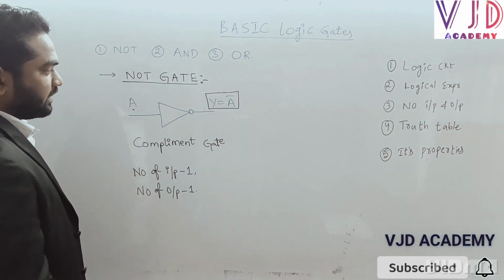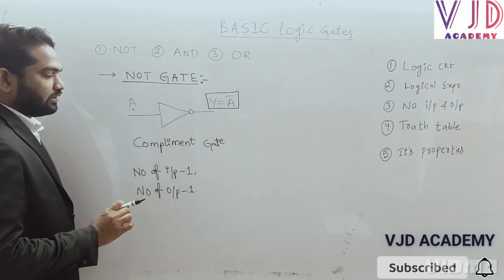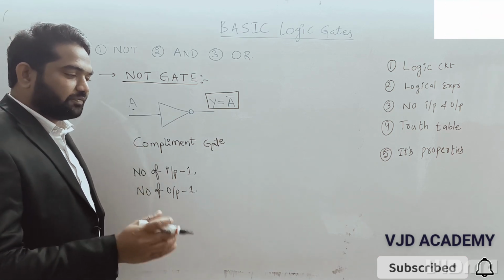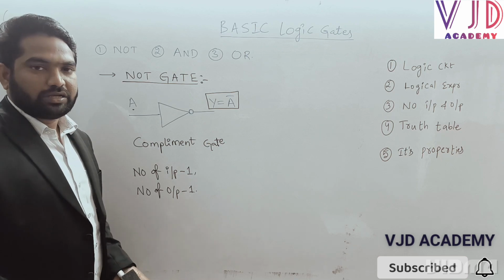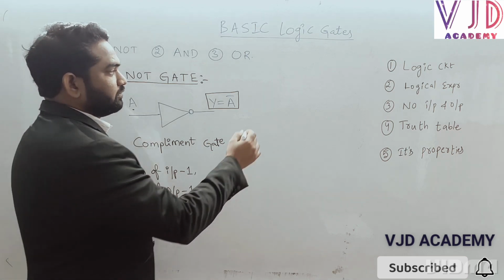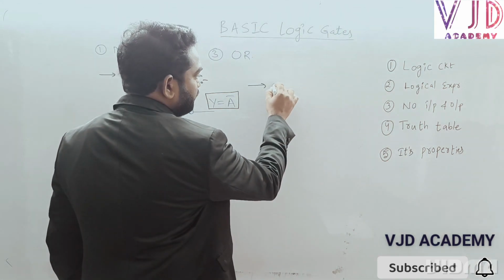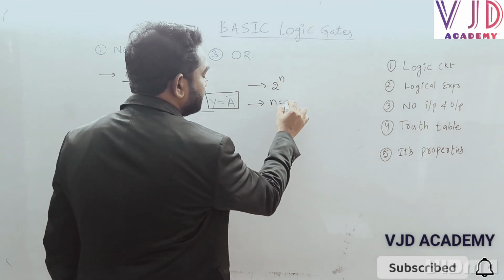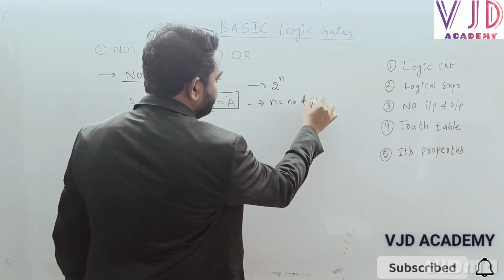Let us try to understand. Here NOT gate has only one input. I told you in the previous lecture, to calculate the number of input combinations we just need to take one equation called 2 power n, where n is the number of inputs.